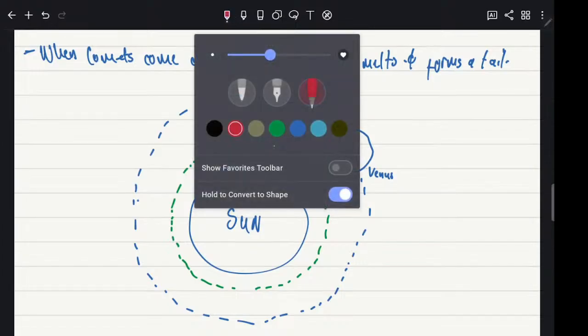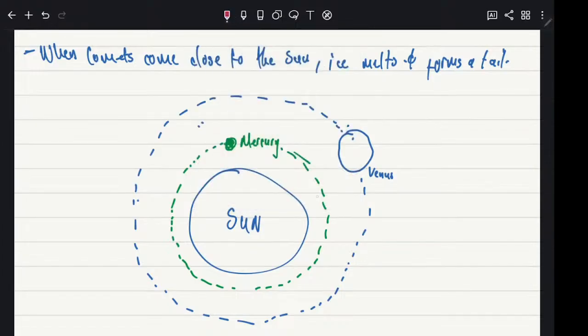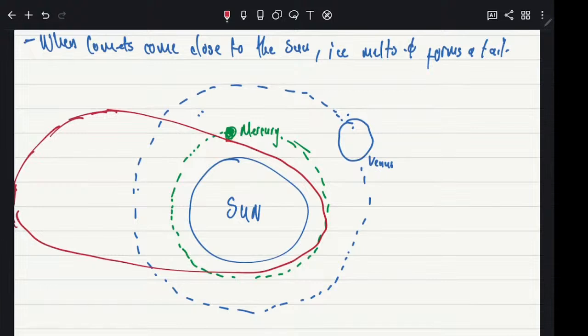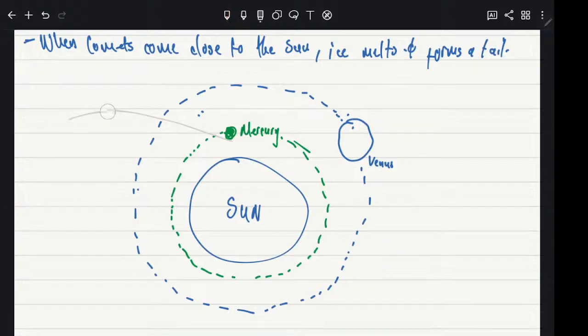When you have a comet, this is how it goes around the sun. Comes like this. It does this. This is an ellipse. You can look for the shape of an ellipse.